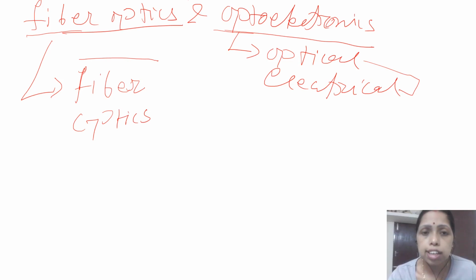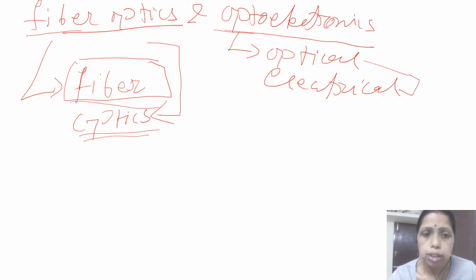Fiber means it is related to plastic or polymer compounds. Optics means the optical signal is related with the fiber; we are feeding the optical signal through this fiber cable.